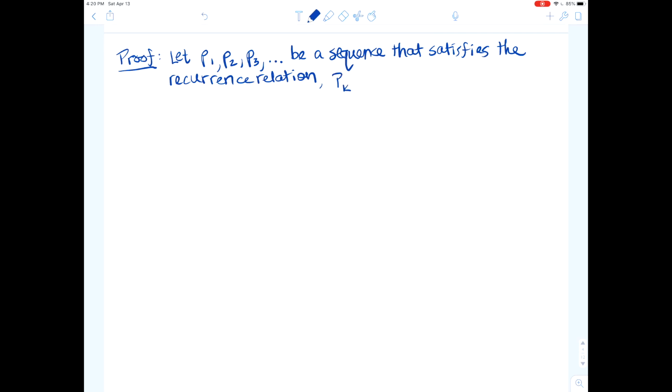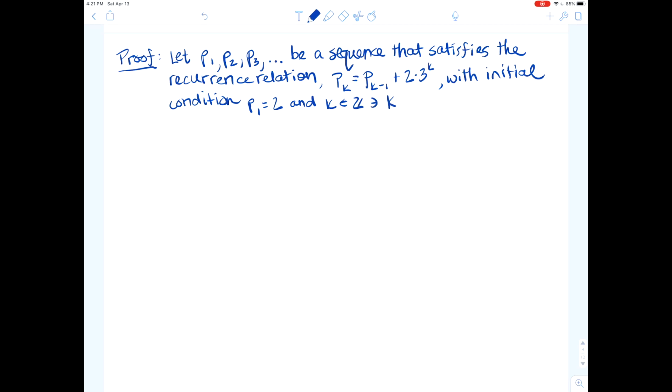It was P sub k was equal to P sub k minus 1 plus 2 times 3 to the k, with an initial condition P1 was equal to 2, and we have to define k, and this would be k belonging to the integers such that, and what was k?